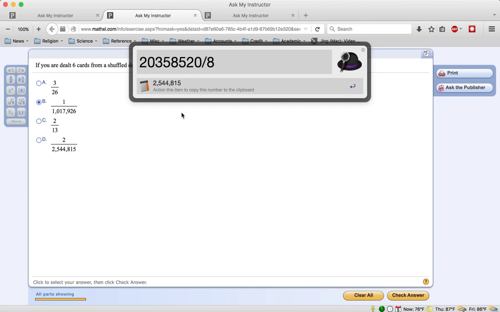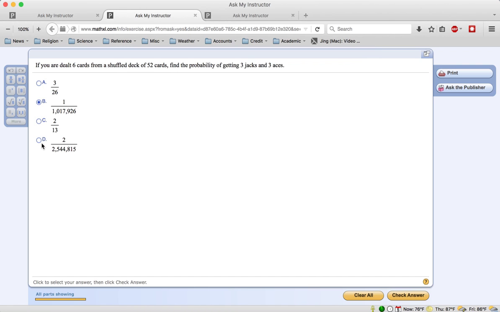And so there's what we have right there. We had 16 possibilities, and that works out, once you've reduced it to the smallest terms, to be 2 chances out of 2,544,815, or 16 out of that bigger number we started with, right? Okay, so it's 2 out of this, and that's what you're looking for. And I'm not sure where you got your 1017 thing from. Let you just guess it.